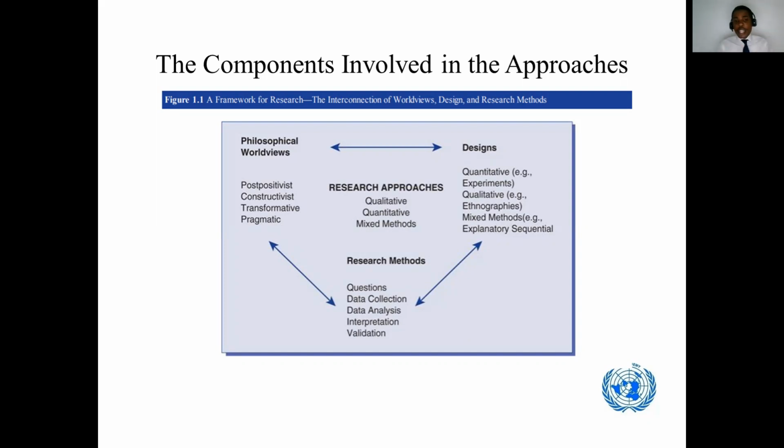Please pay attention to me very well. Let me start over again. I mentioned three approaches to research, and these different approaches have their own philosophical worldviews. Those worldviews are what we see at the left-hand side: post-positivist, constructivist, transformative, and pragmatic.